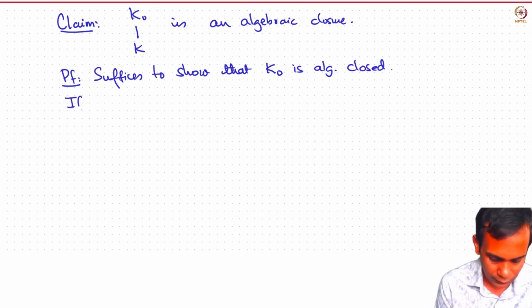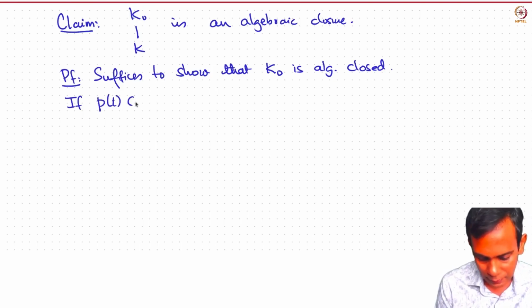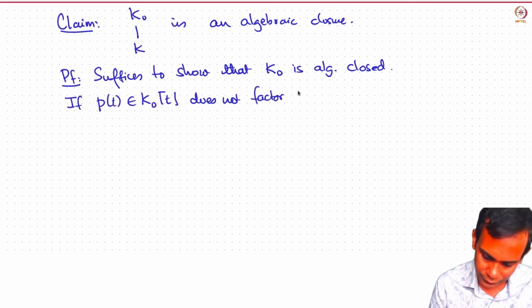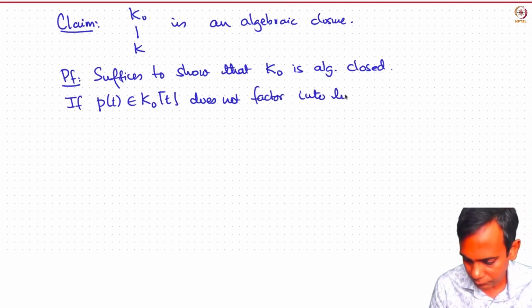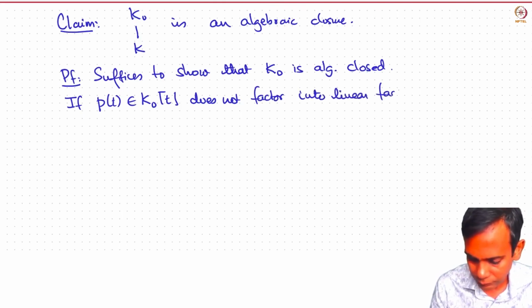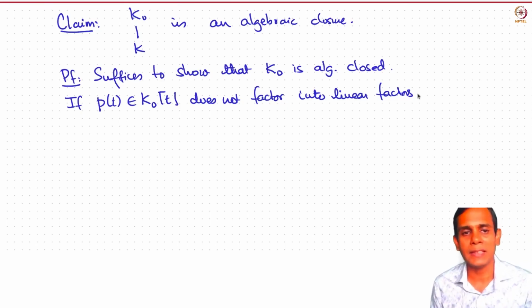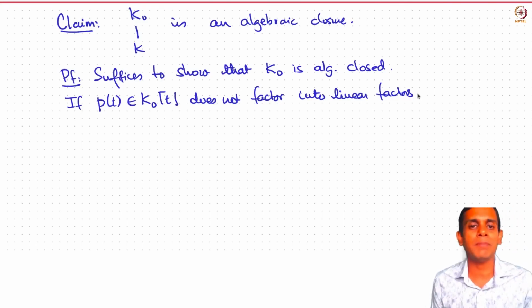So if p(t) belonging to K0[t] does not factor into linear factors, we'll try to get a contradiction. Firstly, I want to reduce to the case where p(t) is irreducible. If p(t) is not irreducible, then you factorize p(t) into its irreducible factors.